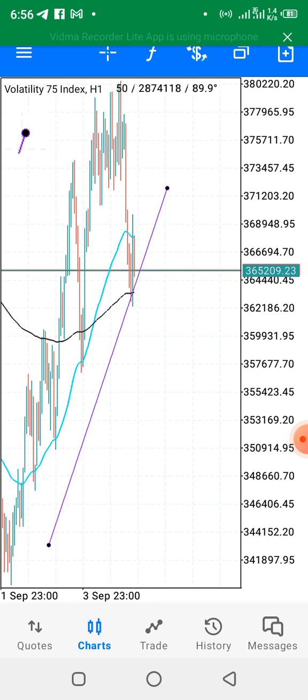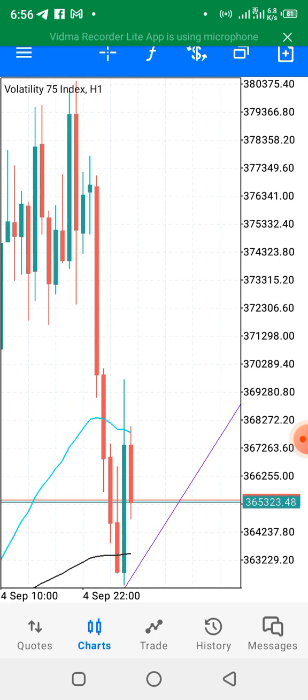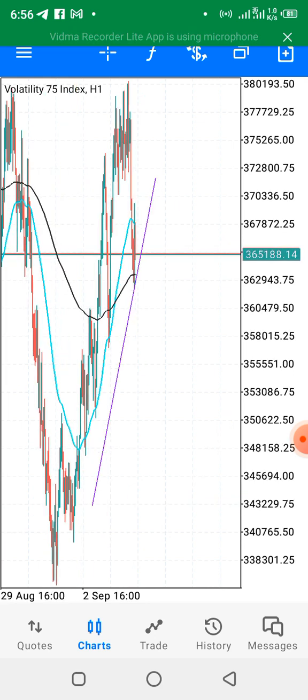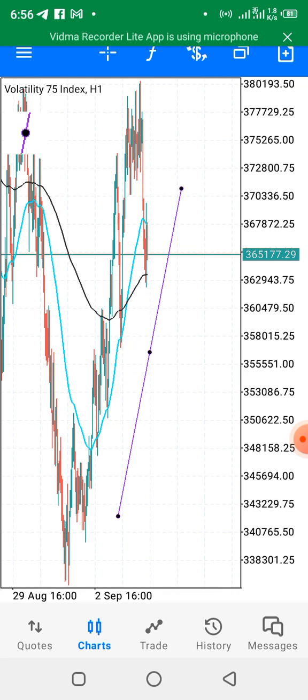Let me expand the screen a little. You just use it to check the trend of your market, whether your market is in a bullish or a bearish trend.